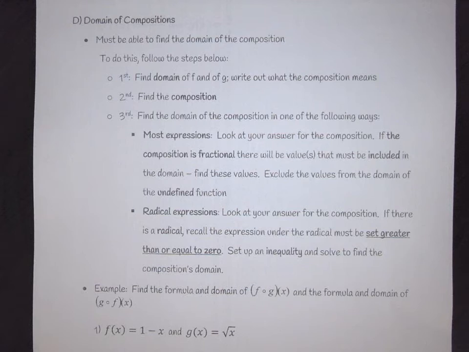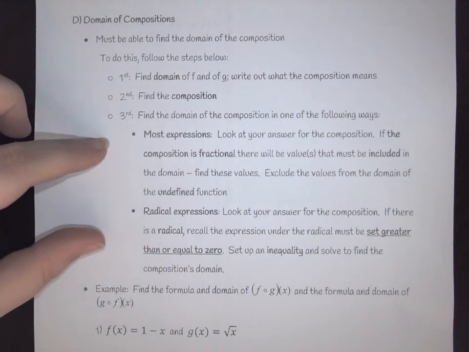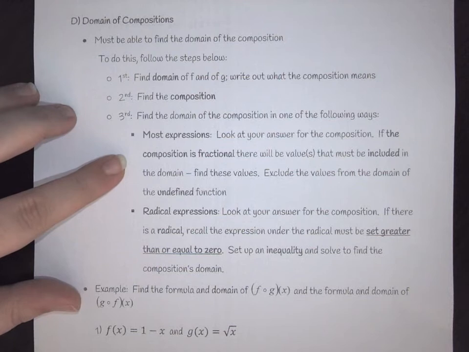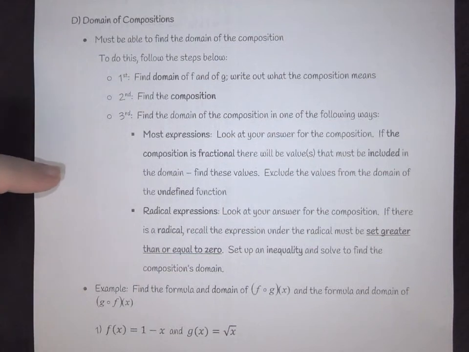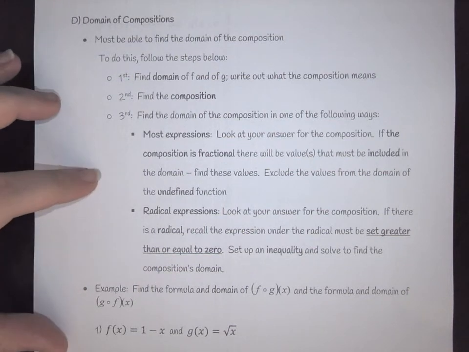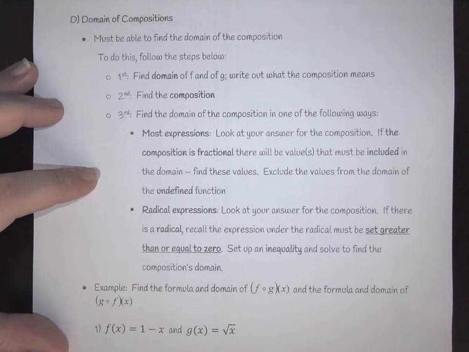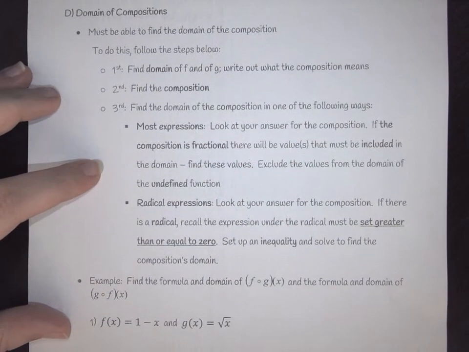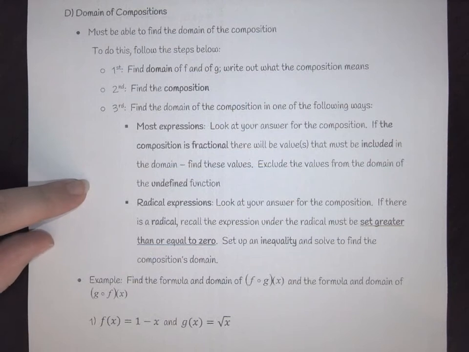The third thing is you're going to find the domain of the composition using one of two methods. The first is going to apply most of the time: you look at the result of your composition, figure out which values have to be included, and exclude the values that make it undefined.